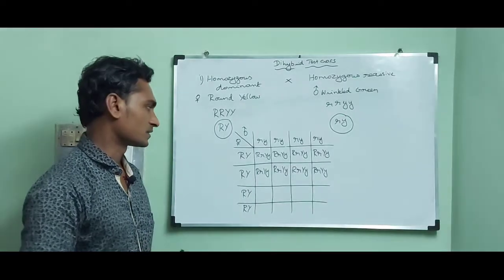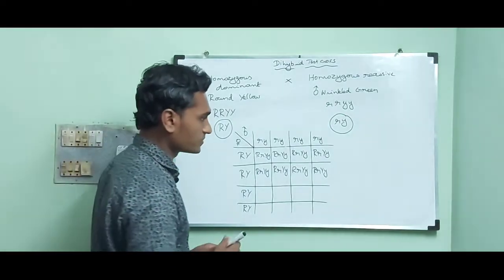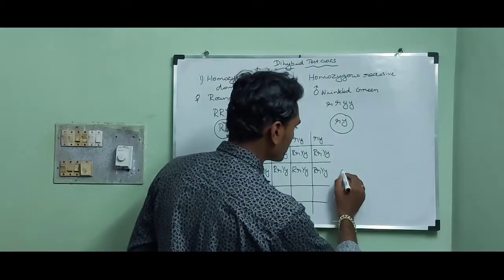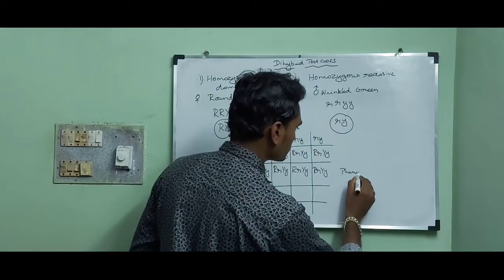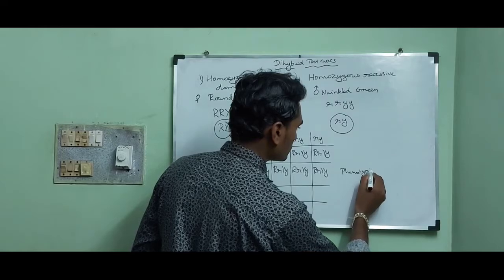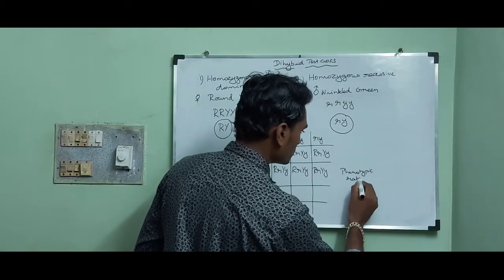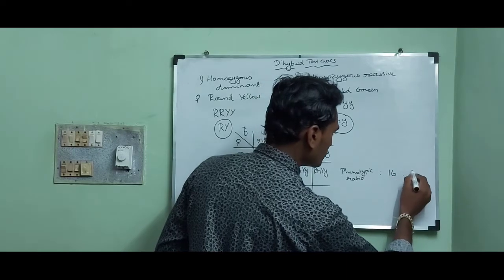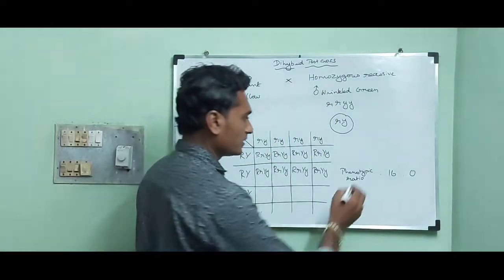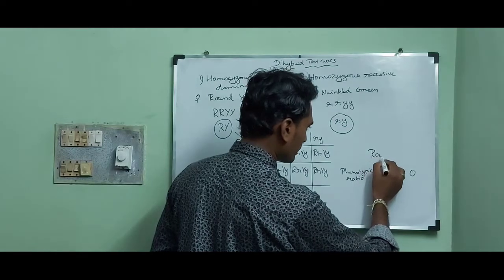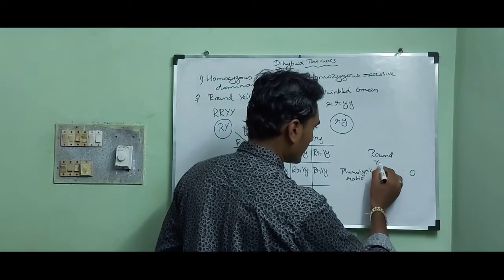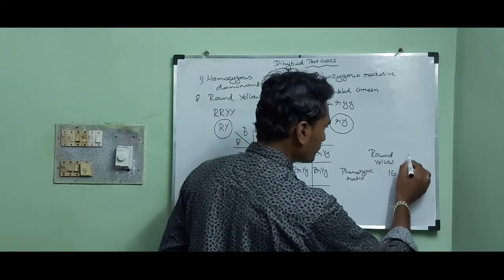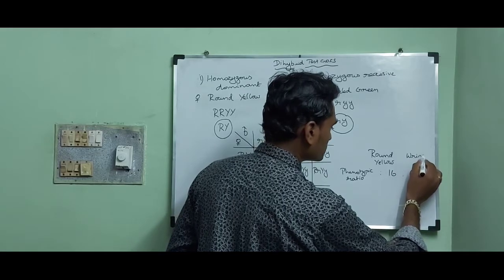So the phenotypic ratio is 16:0, that is 16 round yellow and 0 wrinkled green.